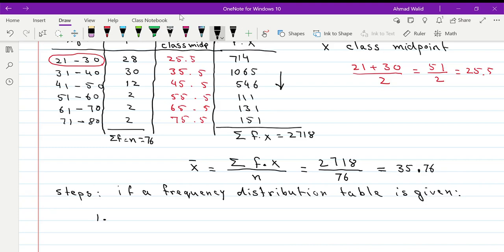Step 1, find the class midpoint for each class.